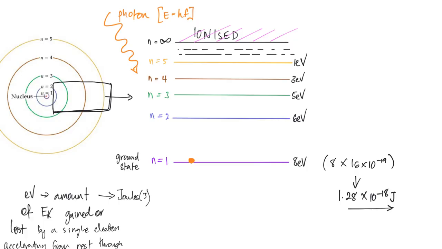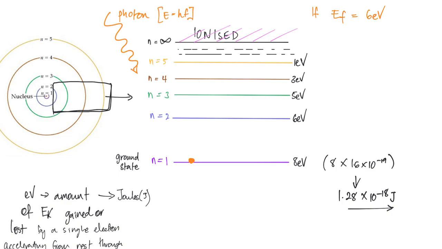So what's going to happen now is my atom is going to absorb that energy. Let's write a little bit of a note here. Let's say the energy of the photon is equal to 6 electron volts.